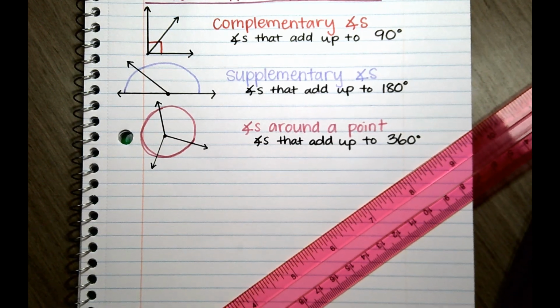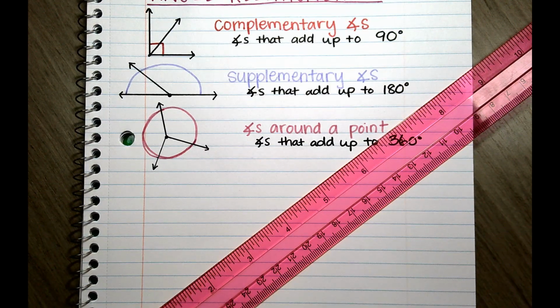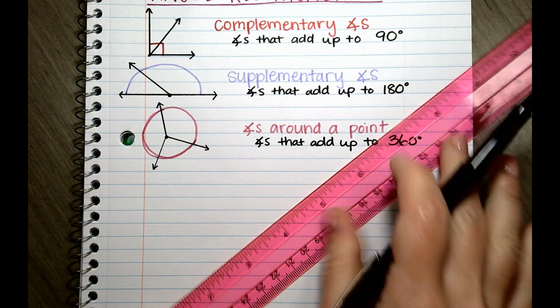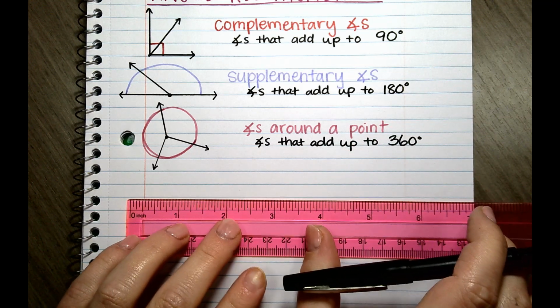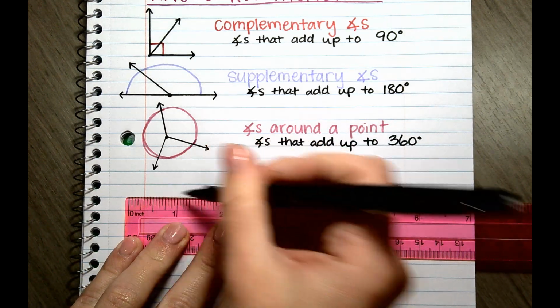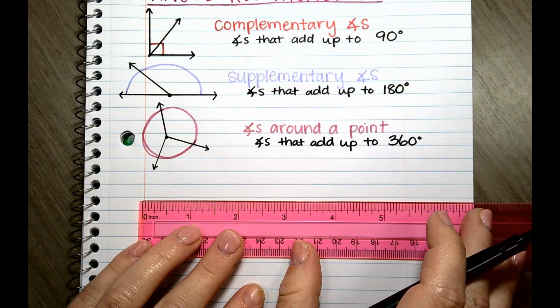What I'm going to do here is I'm going to draw a straight line going across, and I'm going to make it about 4 inches.